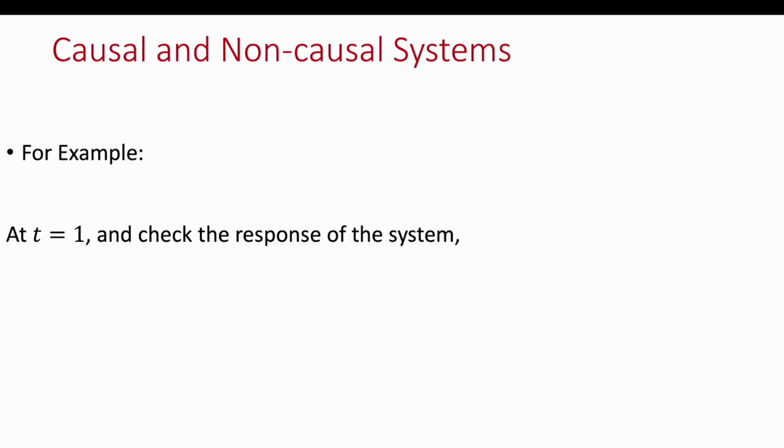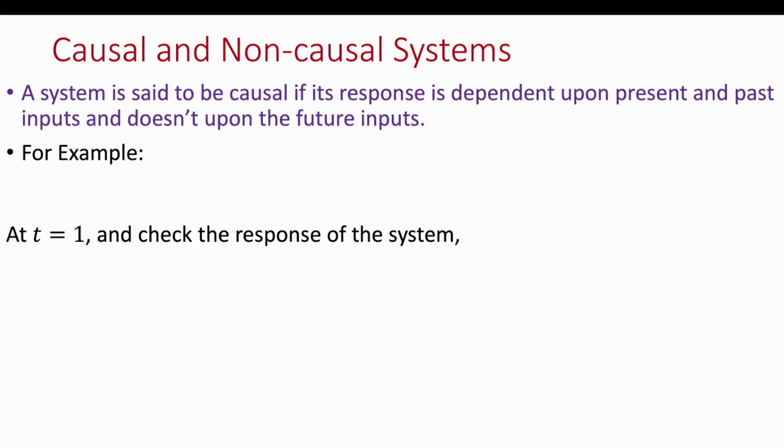Now we can see what is a causal system and what is a non-causal system. A system is said to be causal if its response depends upon present and past inputs, and it doesn't depend upon the future input. For example, if the response of the system is given by y of t is equal to x of t plus 1 divided by x of t minus 1, you can check the response at present time t is equal to 1.